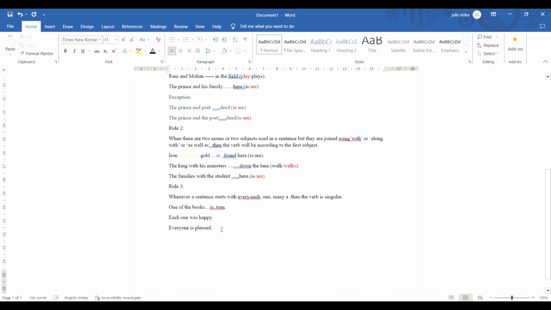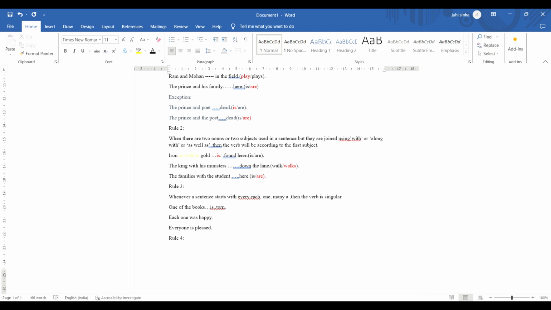Then rule 3 stated that whenever a sentence starts with each, every, one, many a, then the verb is singular. And here are some examples. Okay. Now let's take up rule number 4.